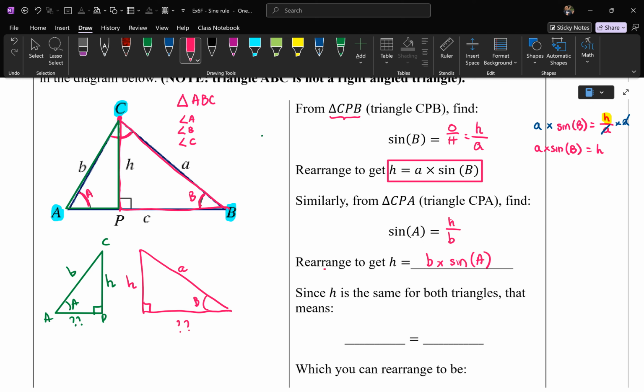Now this is special because h is the same height for both the green and the pink triangles. That means these two equations are the same. So a times sine of B must equal b times sine of A, because they're using the same h value.